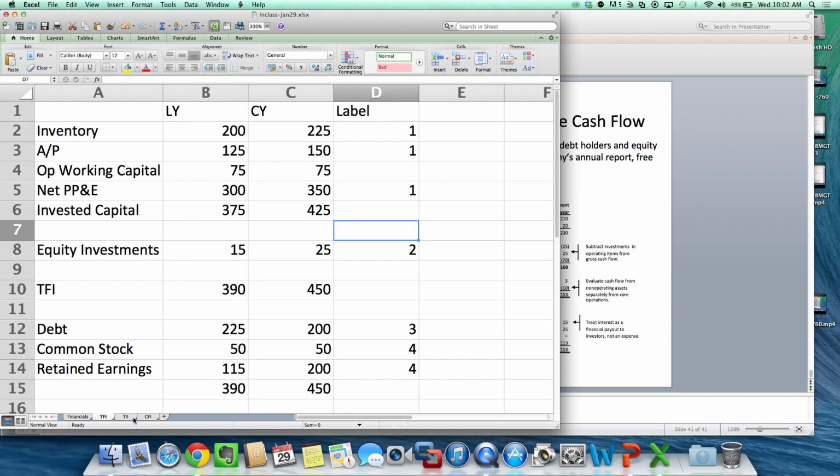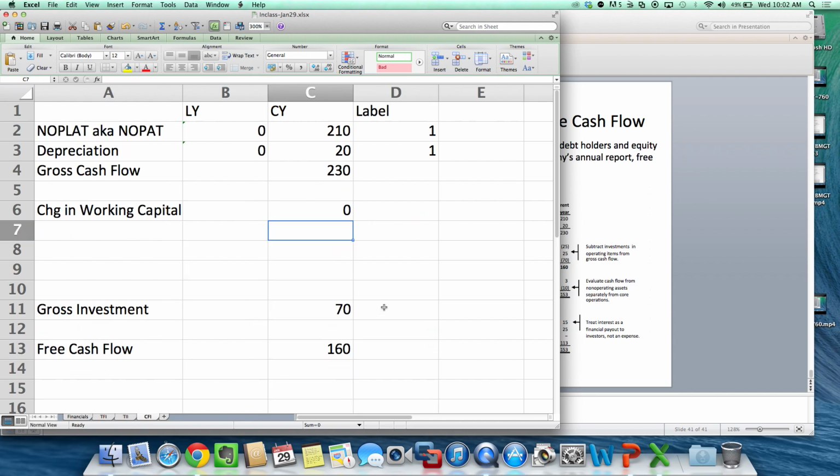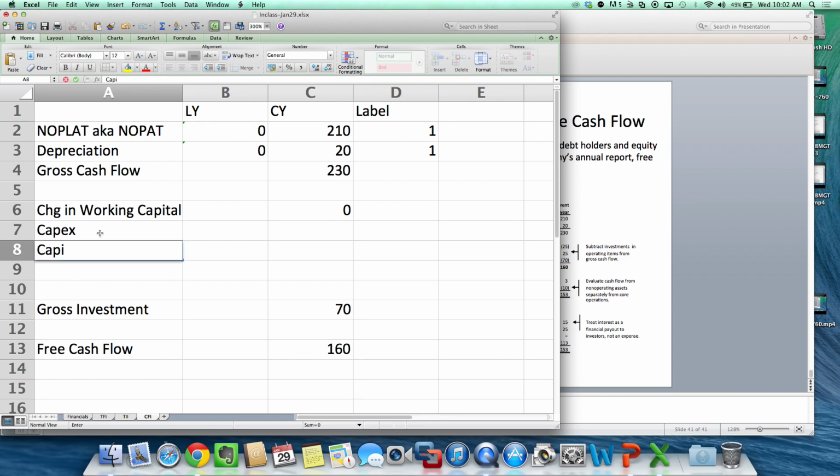So, capital expenditures, we'll call this CapEx. So capital expenditures, also known as CapEx, equals, think about it this way.